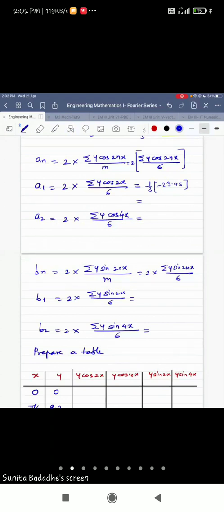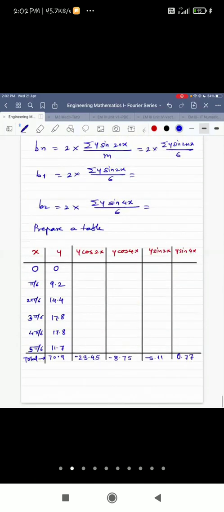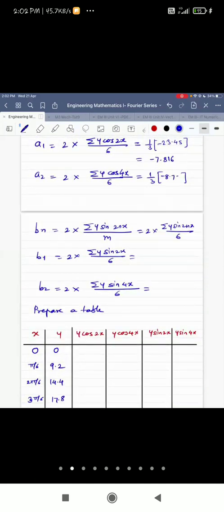Minus 7.816. Then A2 is 1 by 3 into the next summation. Next summation is minus 8.75. So it is minus 2.9166, right?